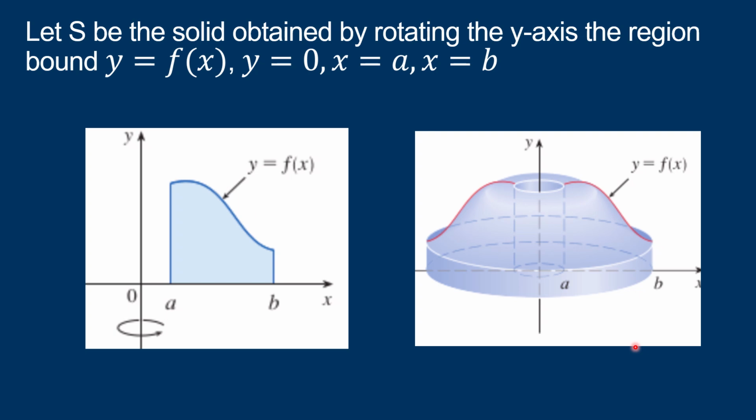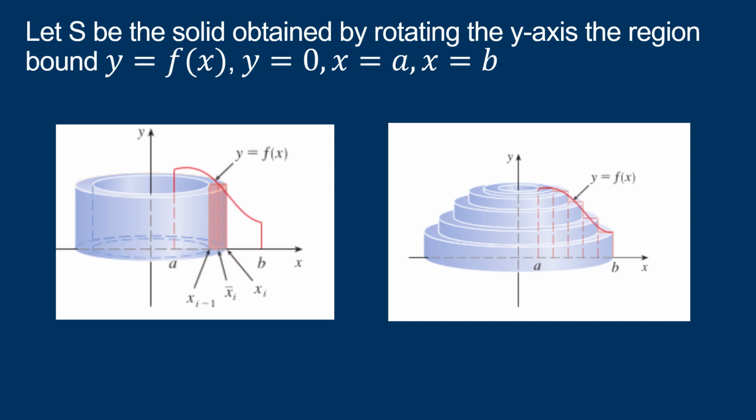If we cannot find x equals some function, if it's very hard to solve for x, the washer method is very challenging for this problem. So I'm going to use a different approach to find the volume.